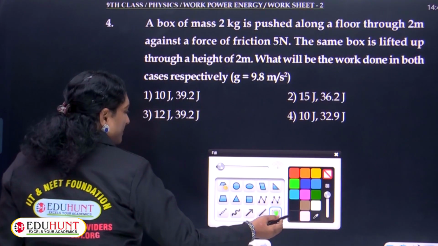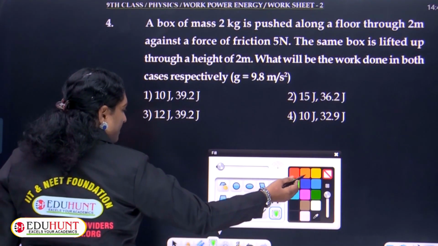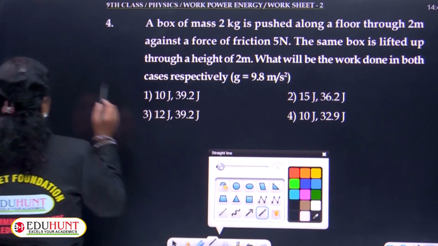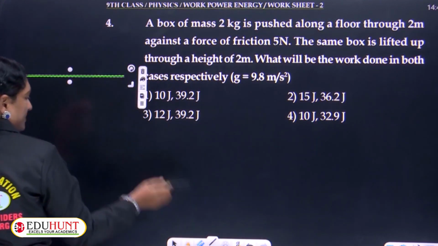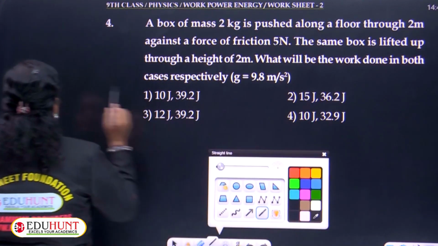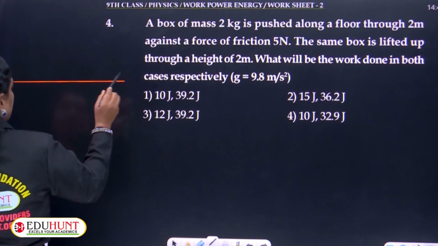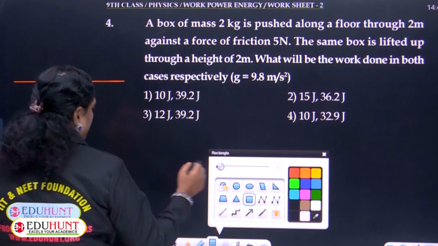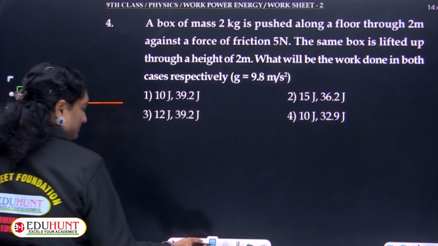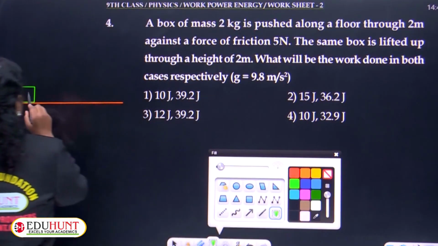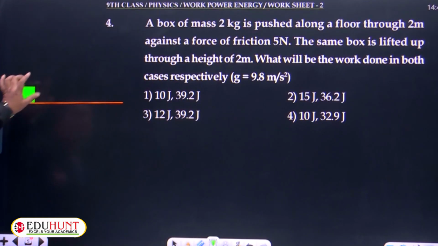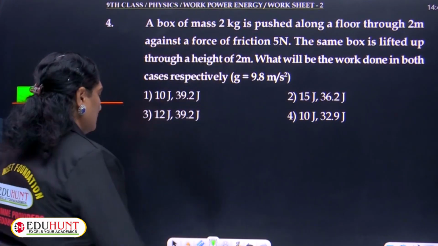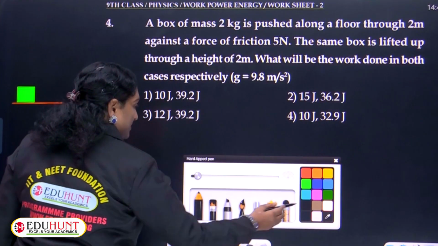For case 1, let us consider this horizontal surface on which a block of mass M is being kept. A box of mass 2 kg. What is the mass of the box given, children?